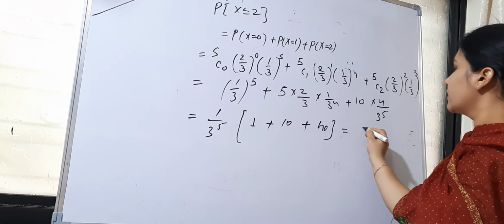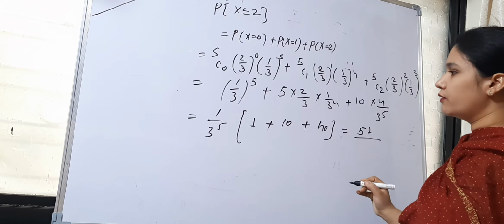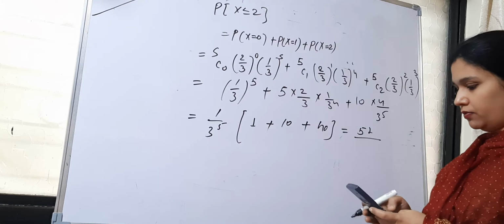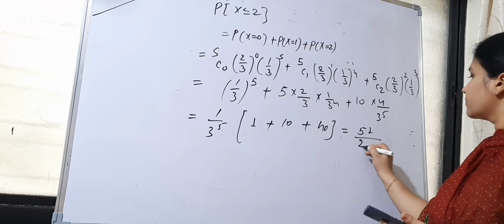Then this is 51, and 3 to the power 5 will be 243.